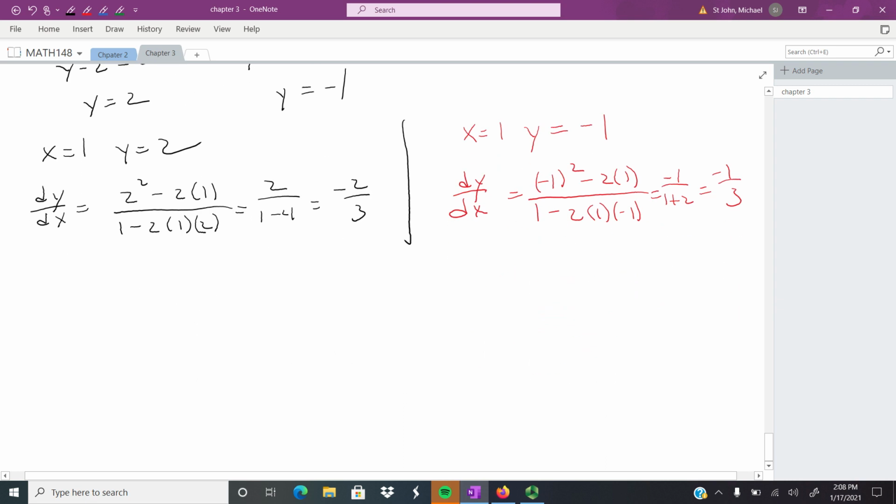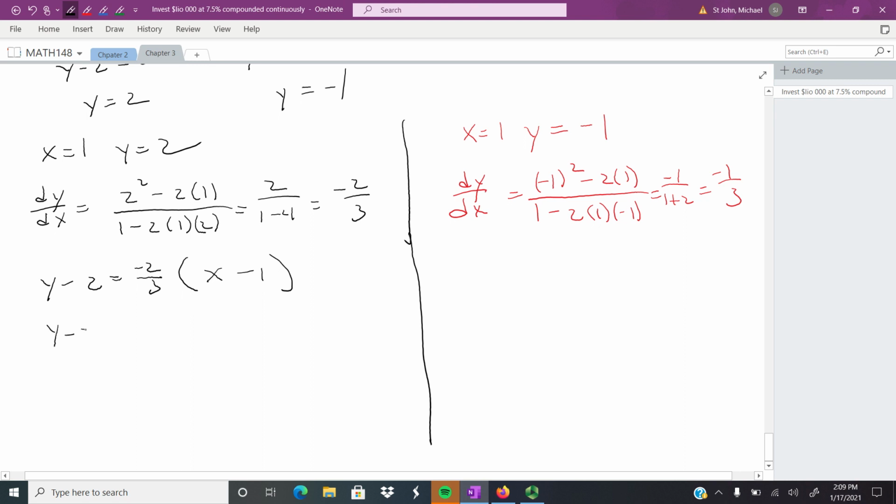Let's just extend this down to separate my cases. Here we said the slope is negative 2/3. So now we got y minus 2 equals negative 2/3 times x minus 1. And then we can rearrange this into slope-intercept form.